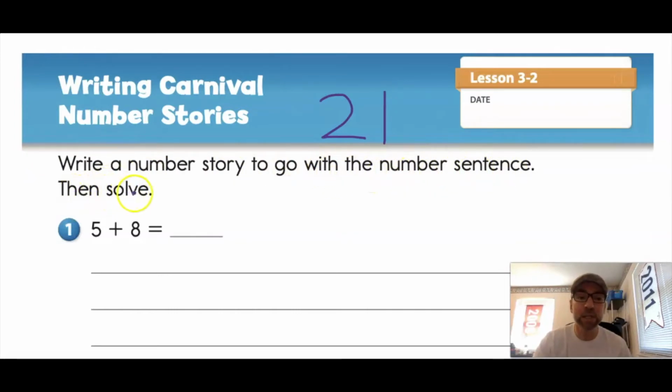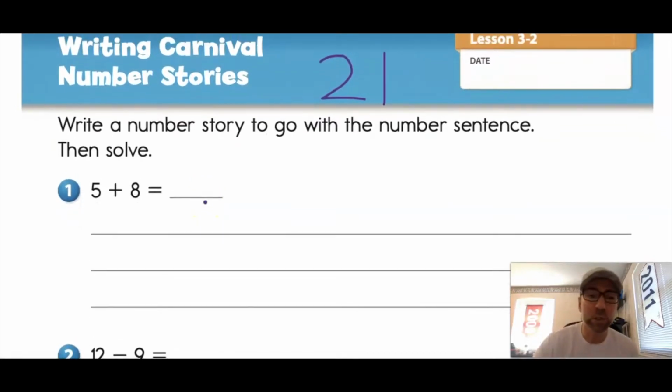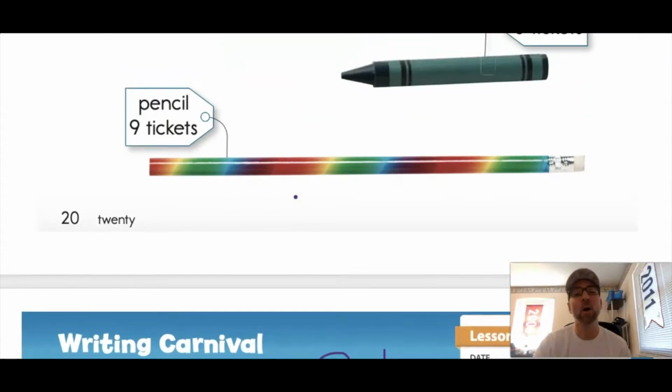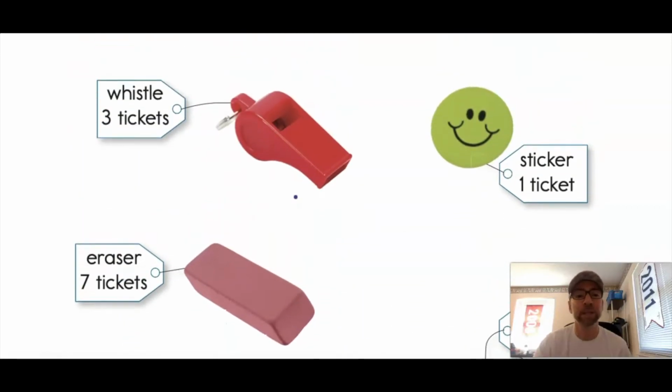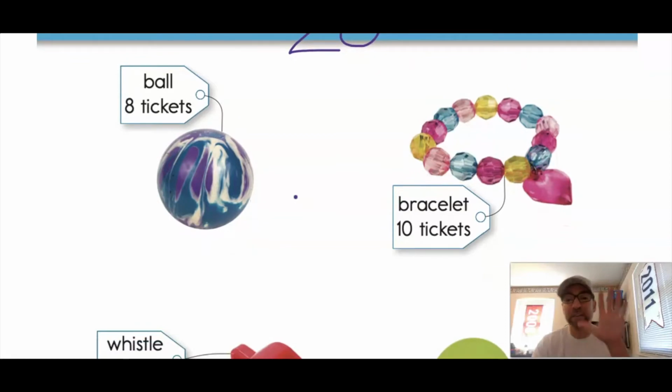And then we're going to solve our story. So our first story has the numbers 5 and 8. Well, let's look back on our carnival page. Do you find a prize that is worth 5 tickets?